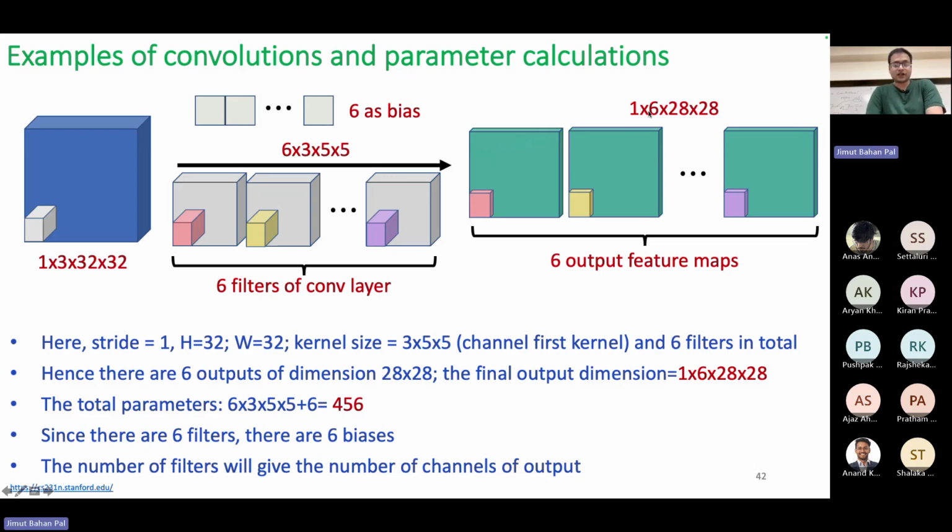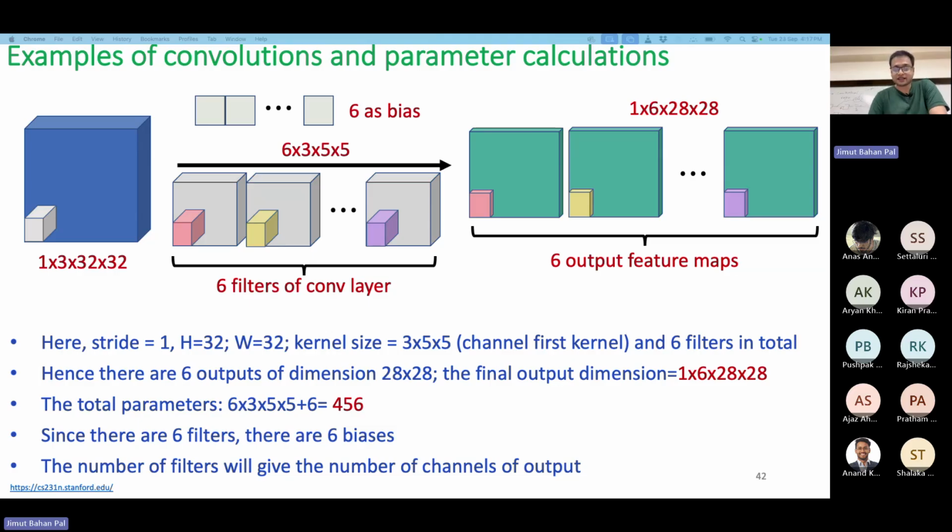So if we want to confirm whether this calculation is correct, you can always refer to PyTorch. This is how you define the class using input channel 3, output channel 6, kernel size 5, stride 1, and padding 0.